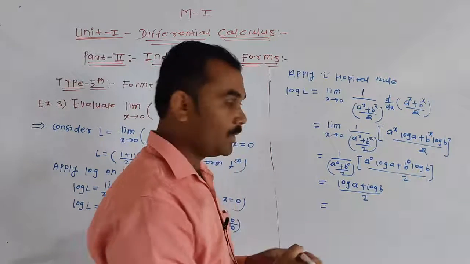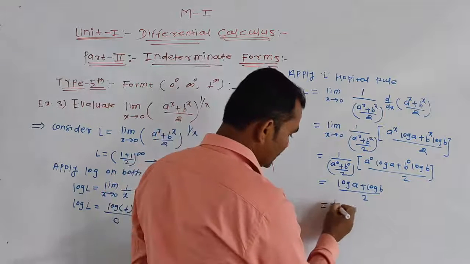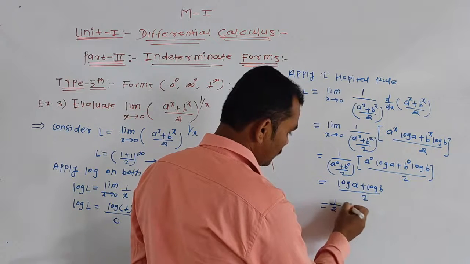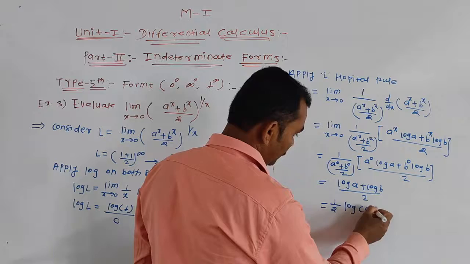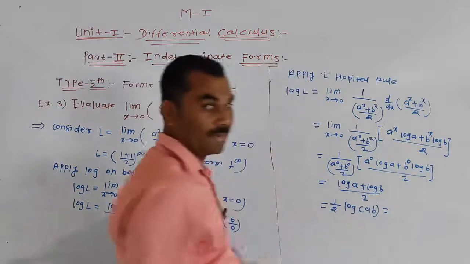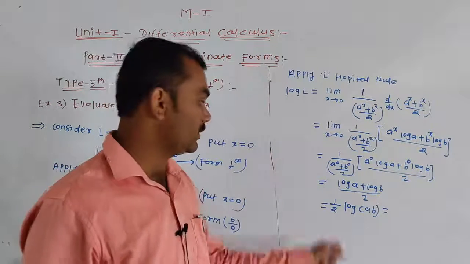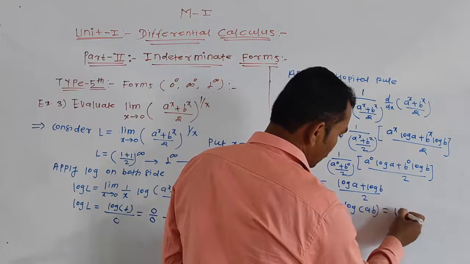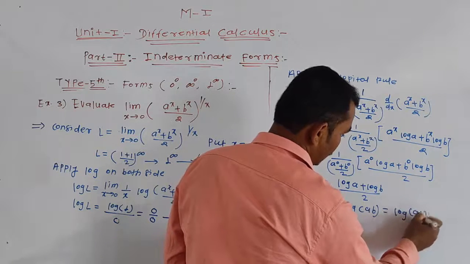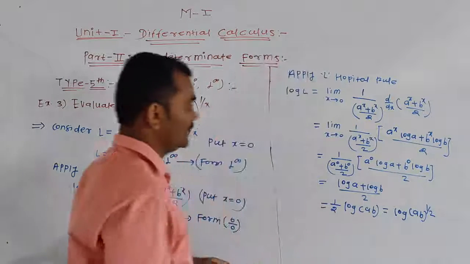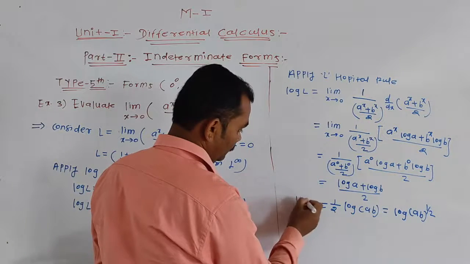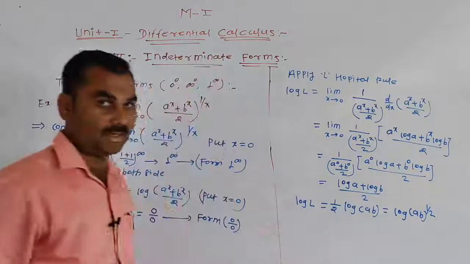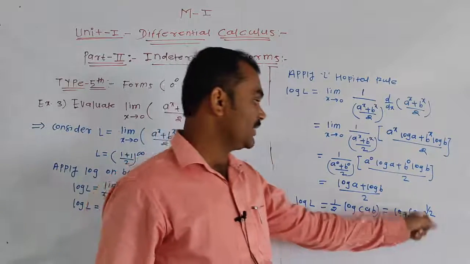Now apply the rule of logarithm. Take 1/2 as it is; log of a plus log of b is log of ab. This 1/2 goes to the power, so we get log of ab raised to 1/2. But this is your log of L, so log of L equals log of ab raised to 1/2.